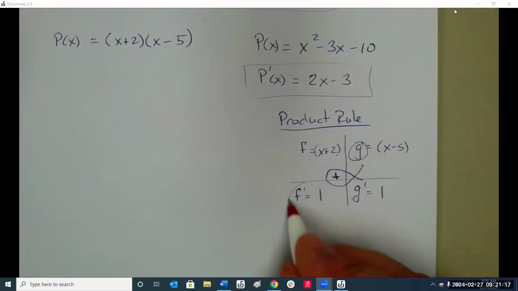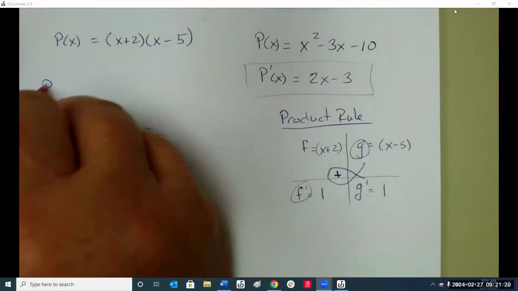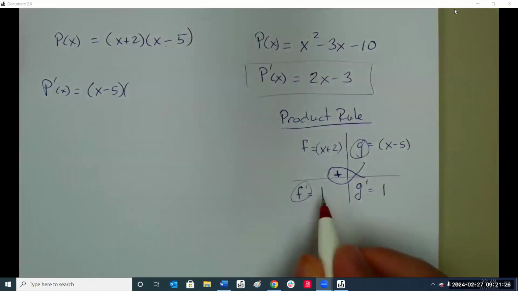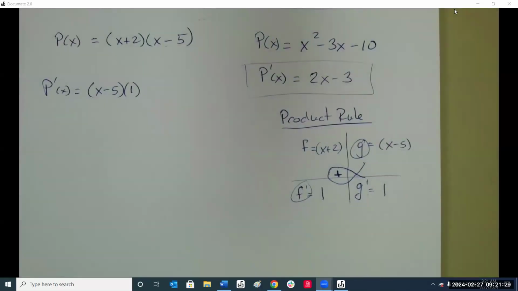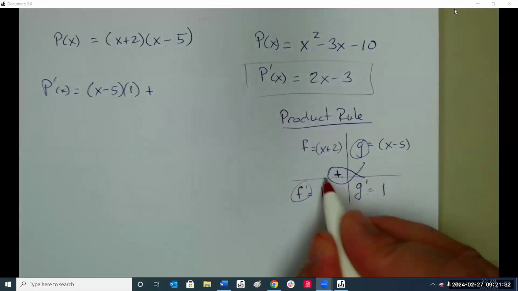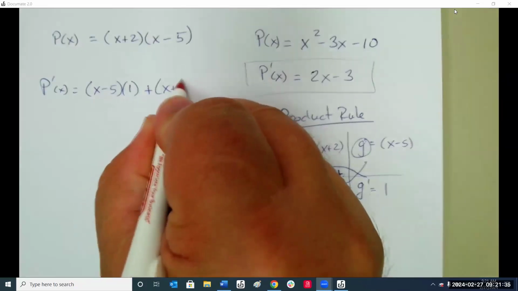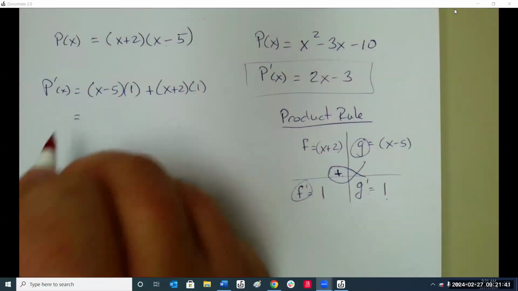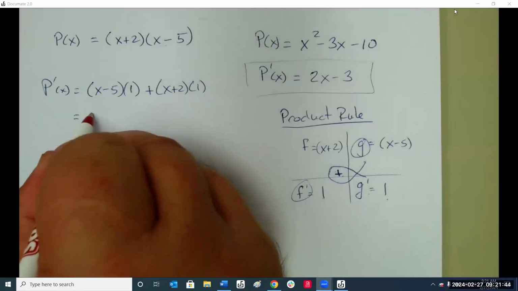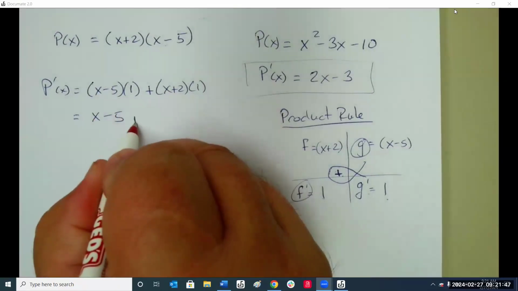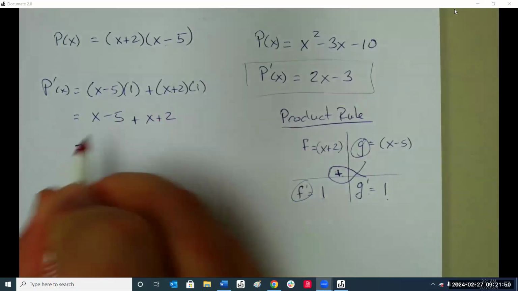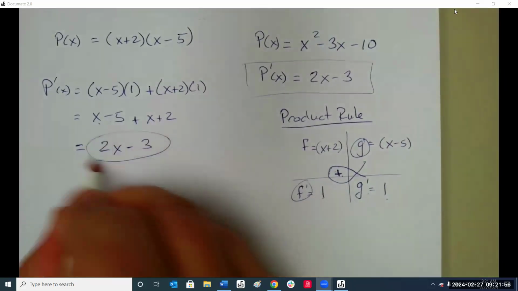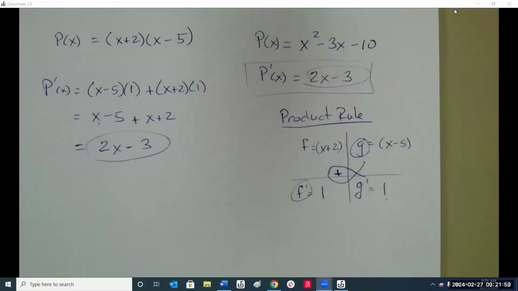Take g times f prime: x minus 5 times 1, plus, now we do the other way, x plus 2 times 1. Multiply, we get x minus 5 plus x plus 2. x plus x is 2x. Negative 5 plus 2 is negative 3. It works.